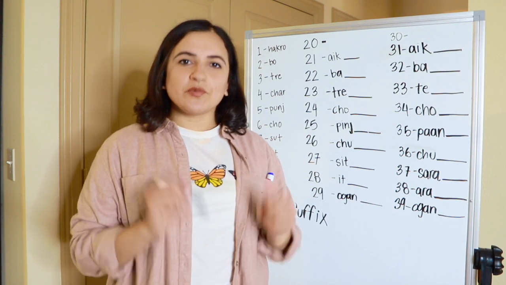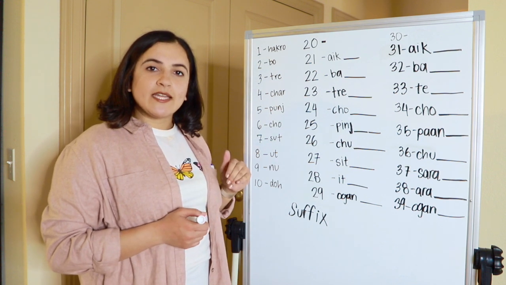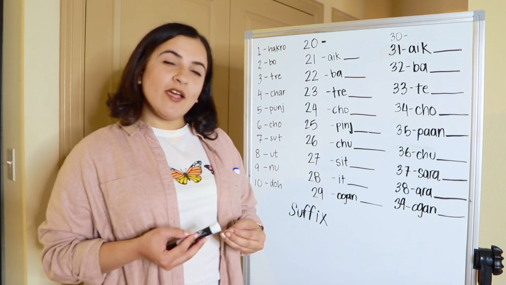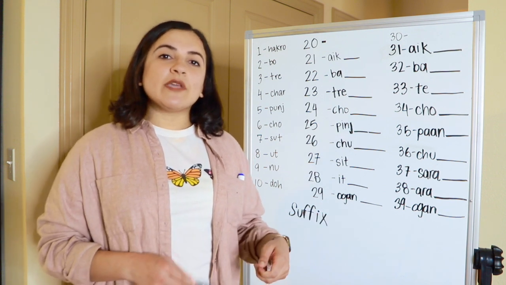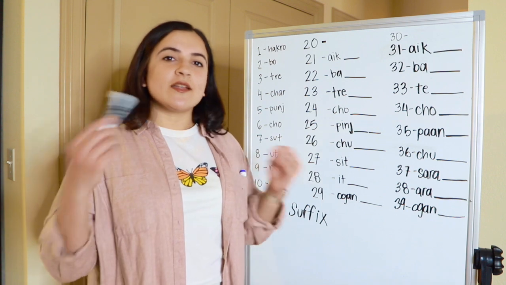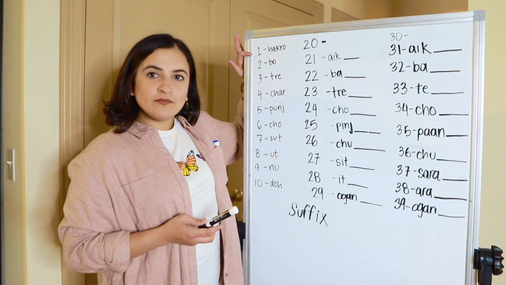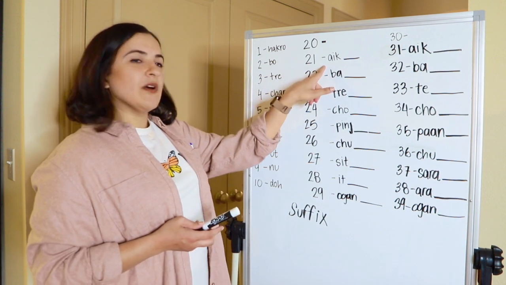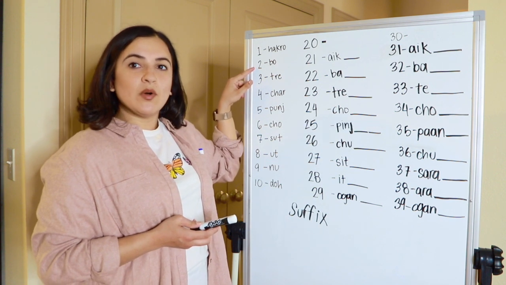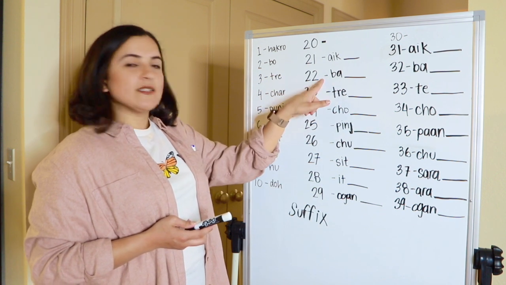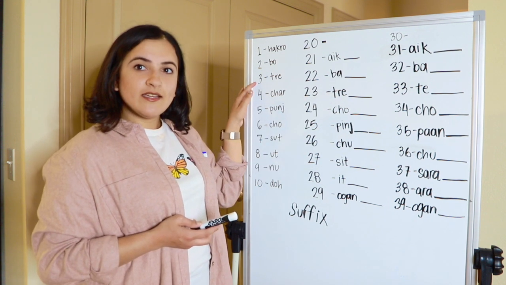So let's talk roots. The roots originate from 1 to 10, but they don't sound the same every time, and they're not spelled exactly the same. I'm gonna go through them first, so when we add on our suffixes, it's gonna be a lot easier to understand. So 1 is hakuro. The root word for 1 is ek. 2 is bo. The root word is ba. 3 is tre.